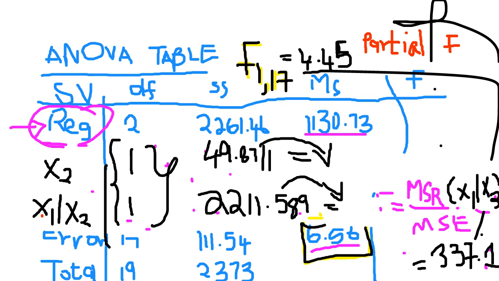So now, if you have noticed, I used the confidence interval of the betas to get the final model. I used the t-test, the hypothesis t-test, to be able to give you the final model. I used the partial F test to give you the final model.